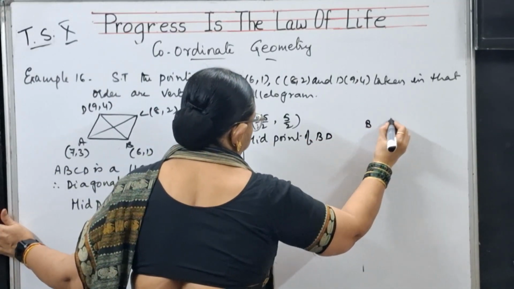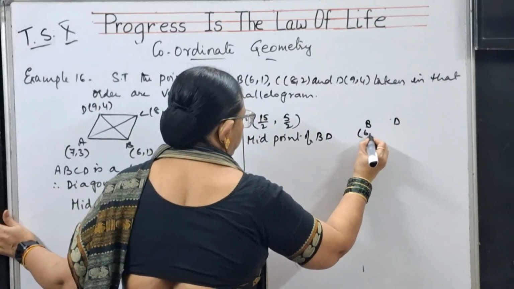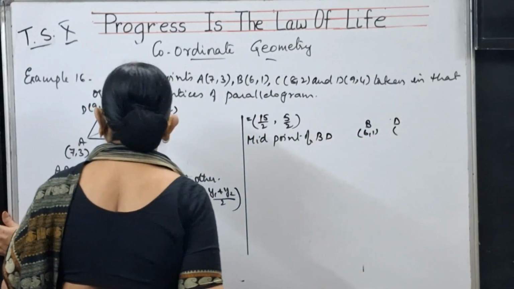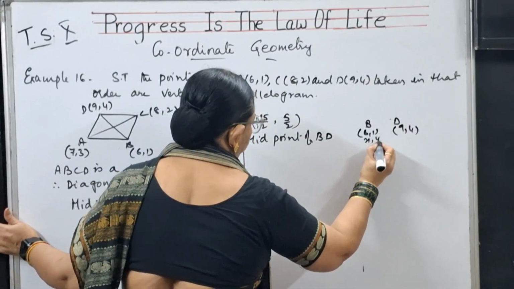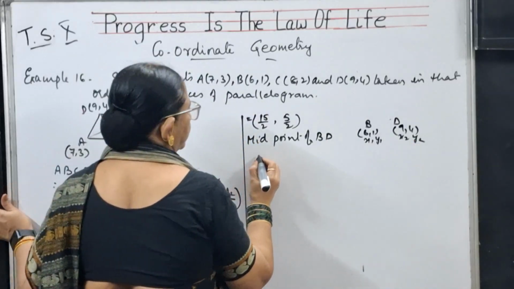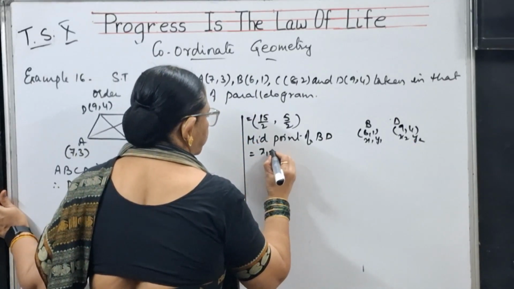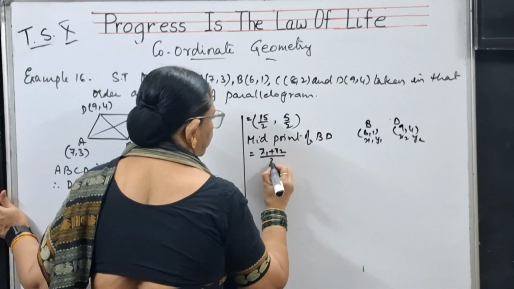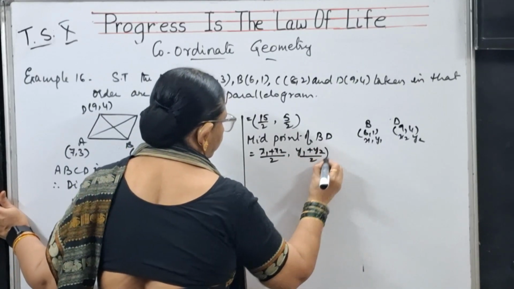So write B and D, children. B coordinates are (6, 1) and D coordinates are (9, 4); x1, y1, x2, y2. So the midpoint of BD is equal to (x1 plus x2)/2, (y1 plus y2)/2.